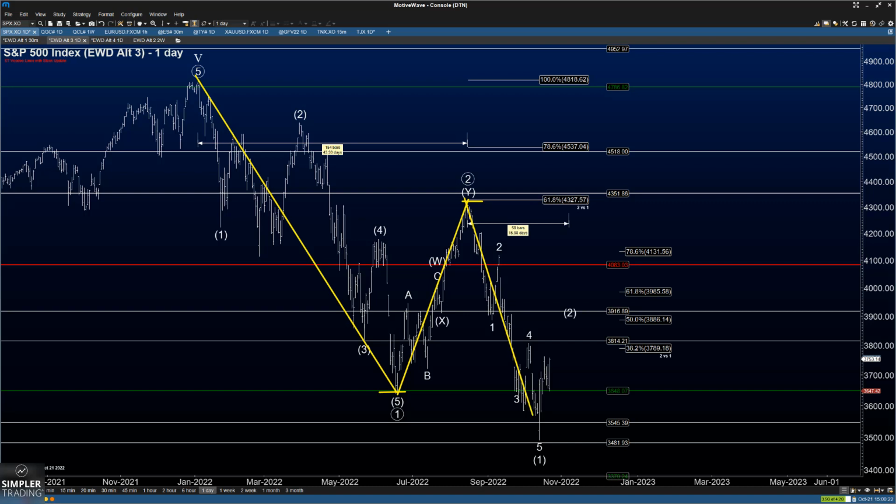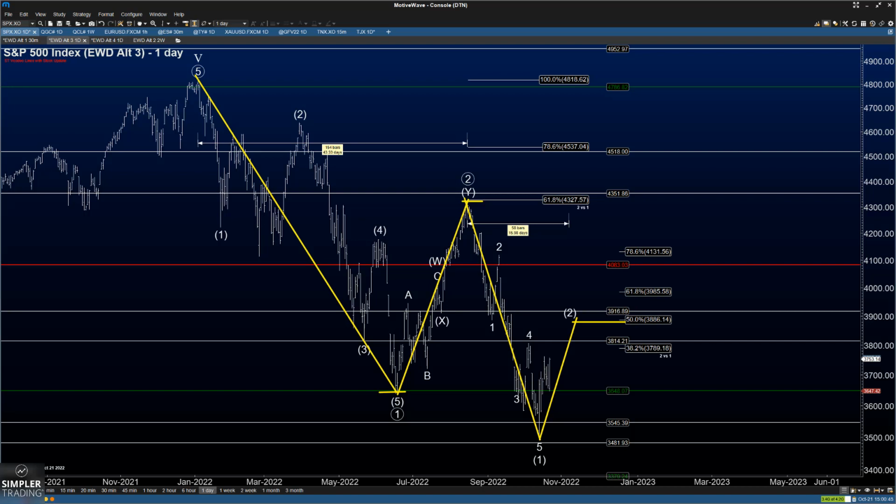Then we get another leg down, and this would be the smaller one, just the start of that larger degree third wave down. If that's what was going on, and if we also get the same retrace here, 50% in log space, then that would be to roughly 38.86.